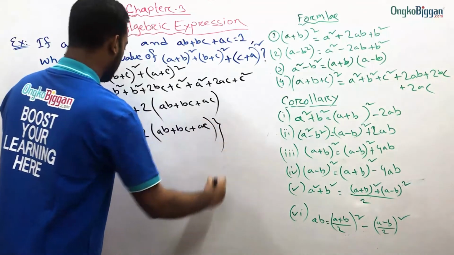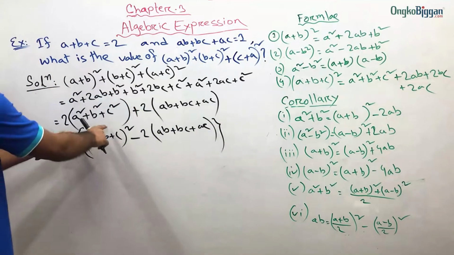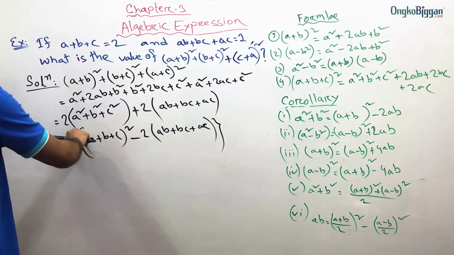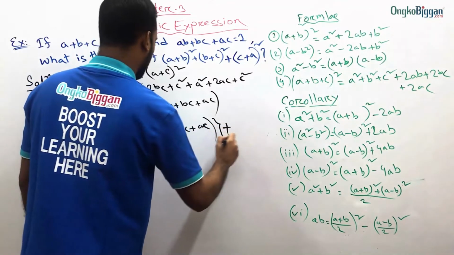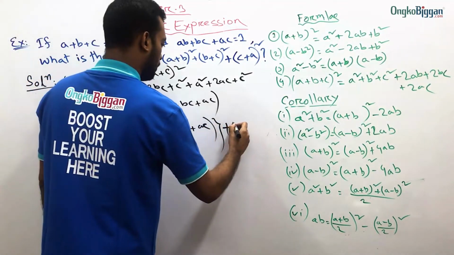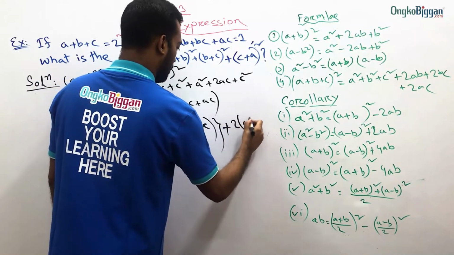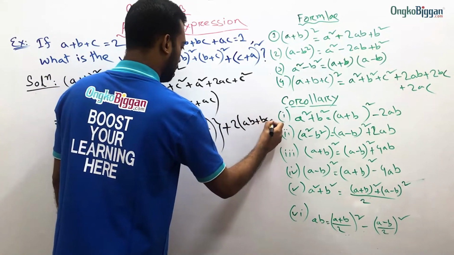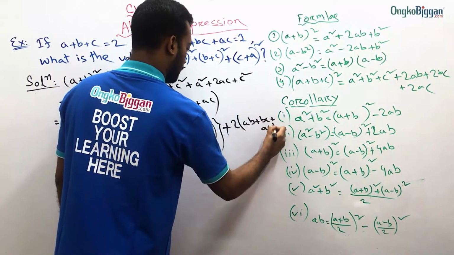This part represents only this part, and we have another part left, which is 2 times (ab plus bc plus ac).